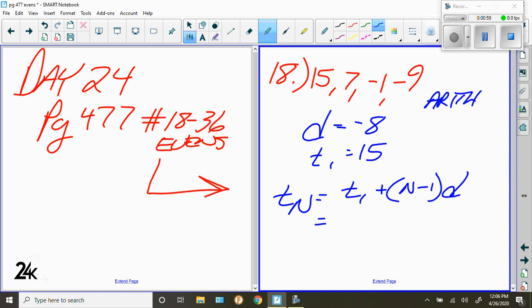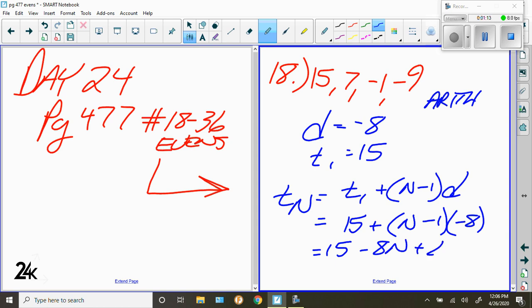So it's going to be the first term, 15, plus n minus 1 times -8. So then that's going to be 15 minus 8n plus 8, and that's just going to be 23 minus 8n. Ta-da!